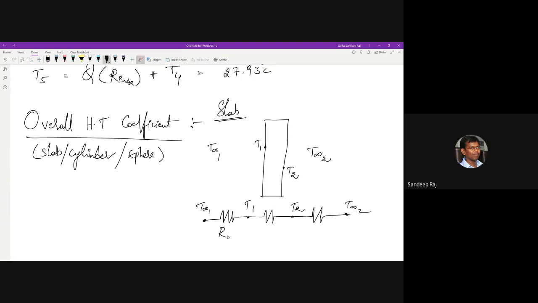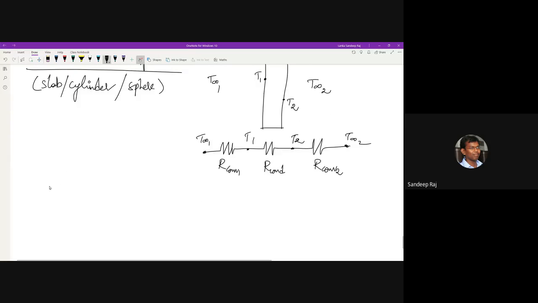This is R convection 1, this is R conduction, and this is R convection 2. Now, if I have to write the Q formula here, Q is equal to delta T, that is T infinity 1 minus T infinity 2, by the resistance I want to take here.